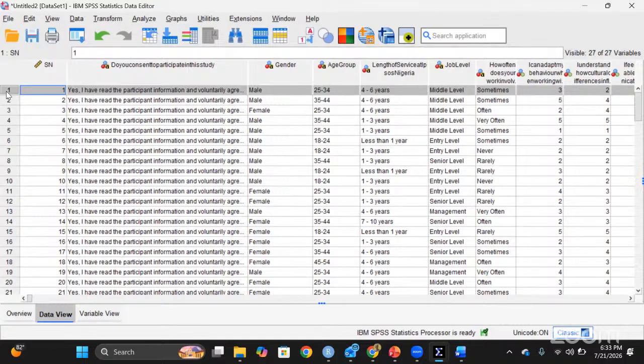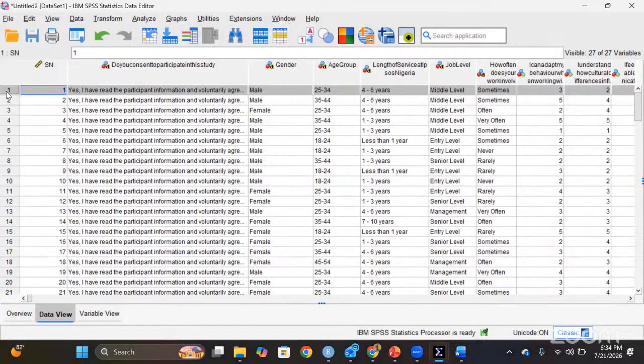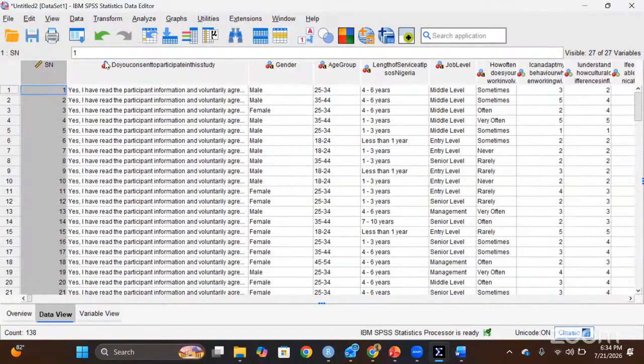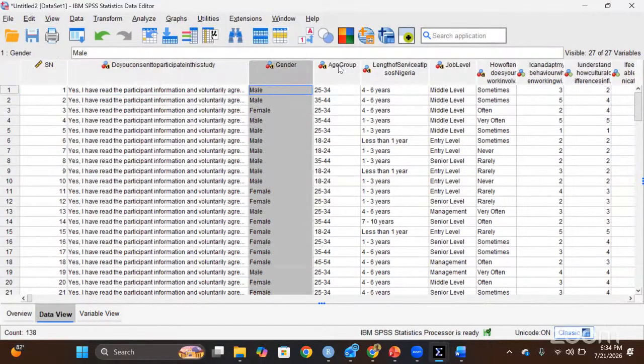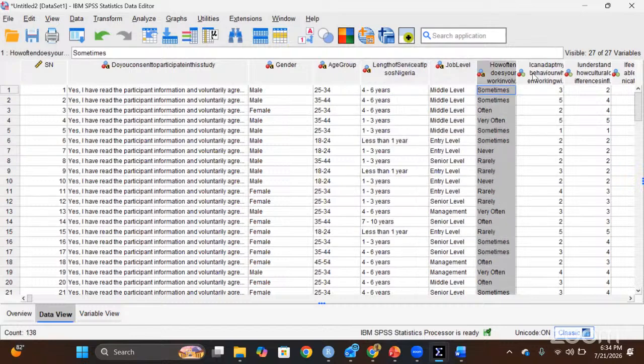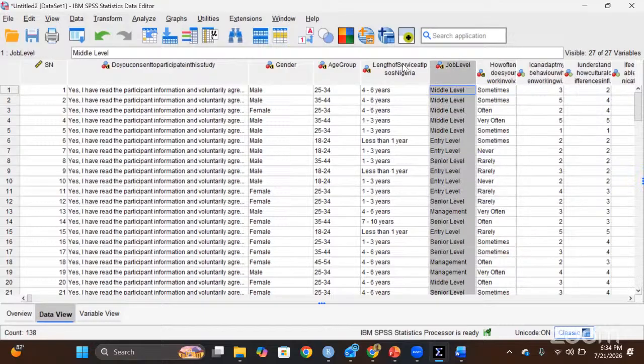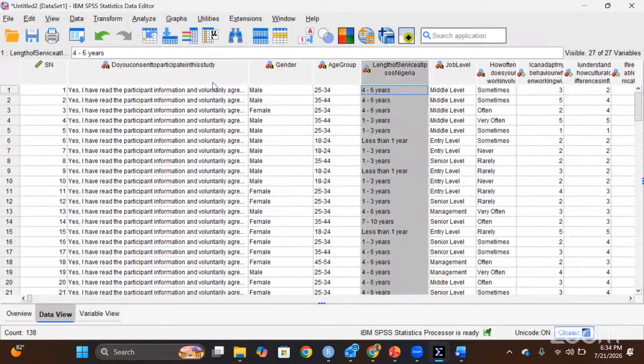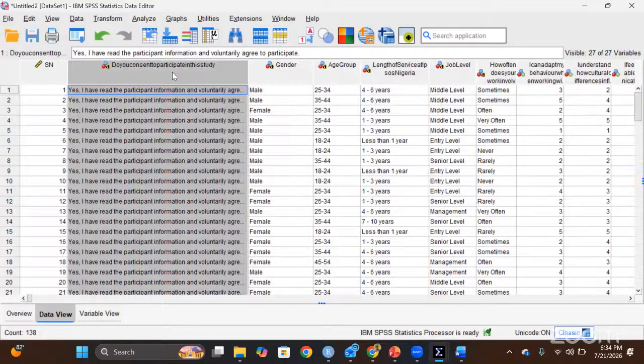So each row on the data view corresponds to each data point, right? That's what each participant answered, right? Now, each of these columns, what do they represent? Each column represents participants' responses to the question.